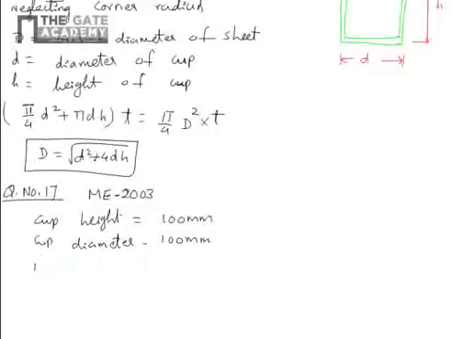Blank diameter capital D equals square root of small d square plus 4 d h. Substitute the values, you will get 224 mm.